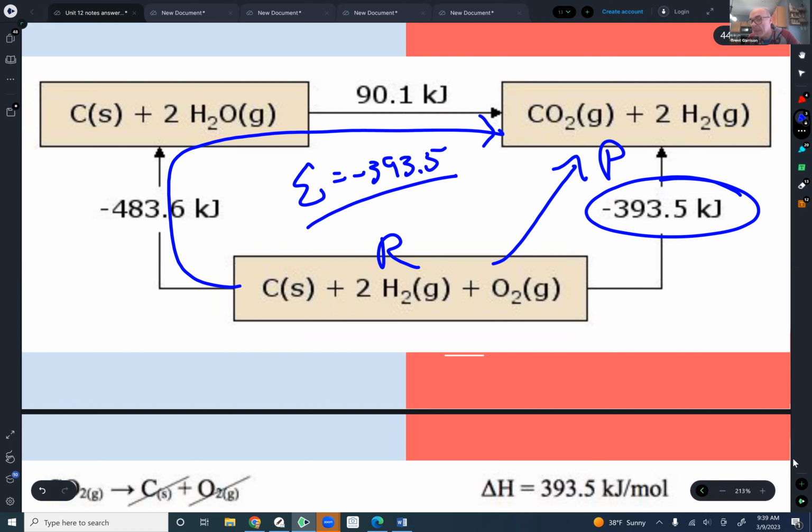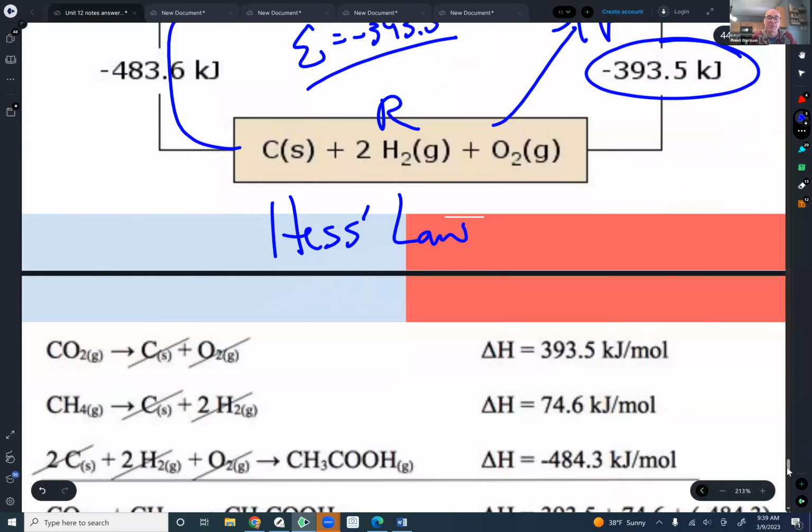It does not matter how many steps it takes for me to get to the products, I will still have the same heat value. This is called Hess's law. Sometimes chemical reactions go slower, sometimes they go faster, but they always end up with the same amount of heat. So we are going to investigate that now with a mathematical process.